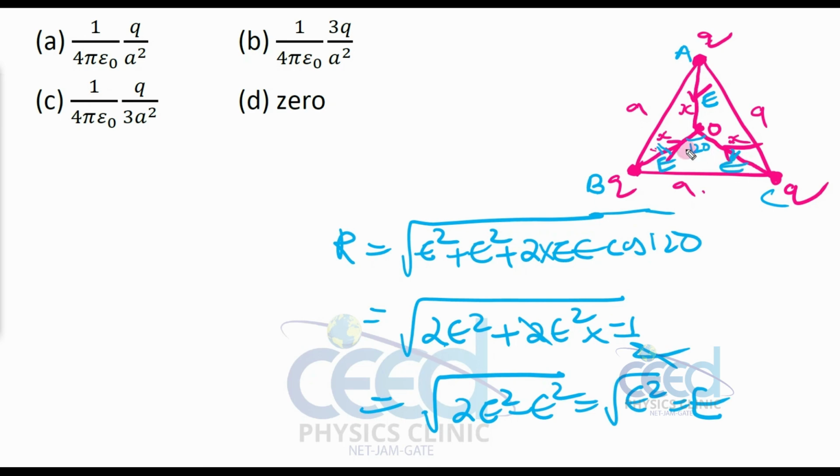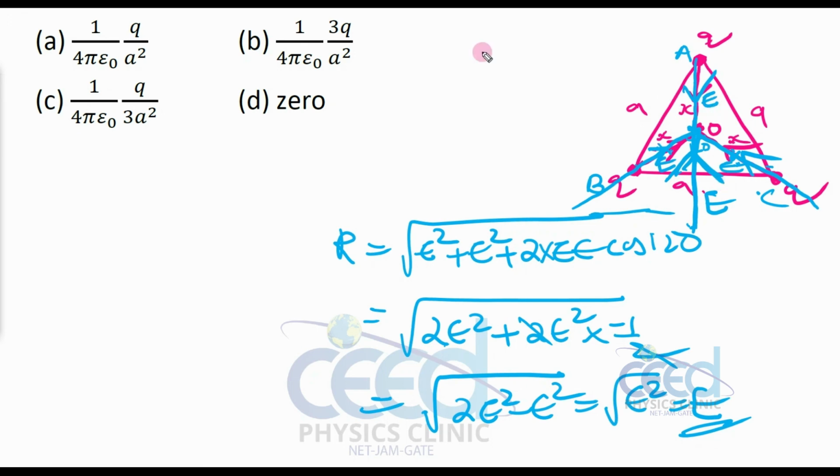So the resultant will go through the center. If this is the electric field due to B and this is the electric field due to C, then the resultant is E. Now the field due to A is in this direction, and the field due to these two charges is also E, but in the opposite direction.